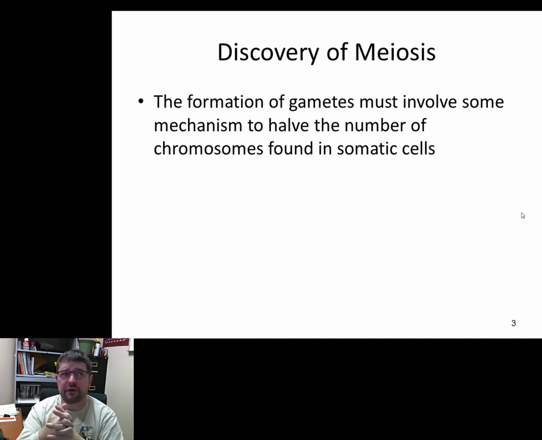Now, think about what would occur if instead of meiosis occurring, we had mitosis. Let's say we have sperm that has 46 chromosomes and an egg that has 46 chromosomes, if we're talking about humans, and they come together, now you have 92. Then let's say that zygote grows up and reproduces on its own. Now that individual would have 92 chromosomes in their sperm, and they might mate with someone with 92, and it would just be additive.